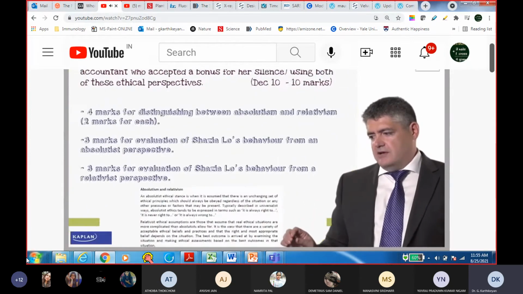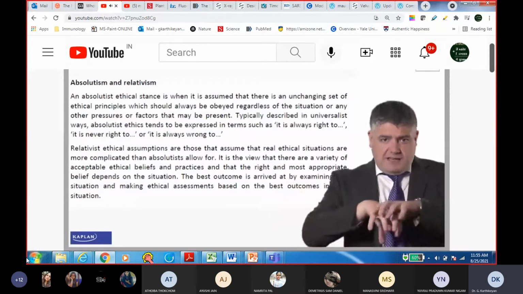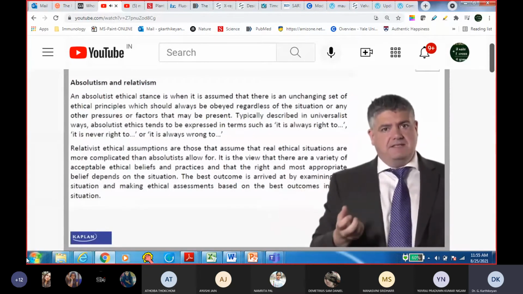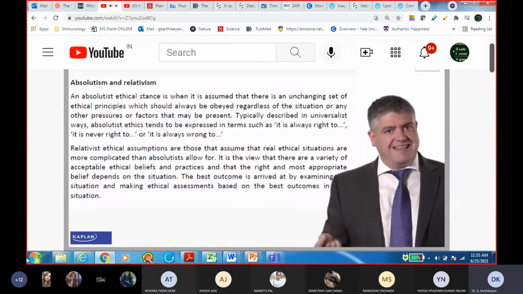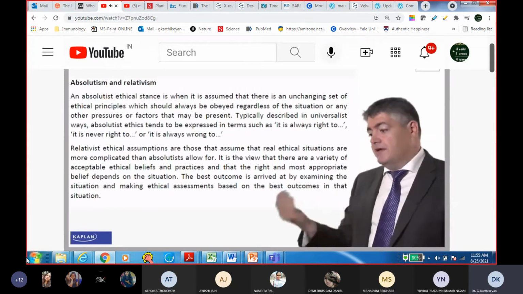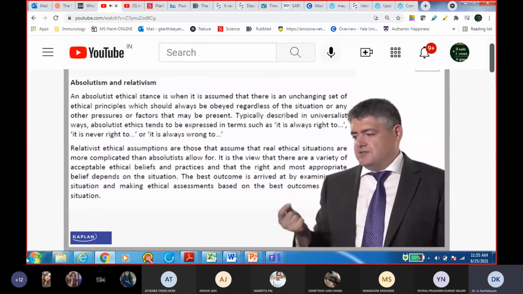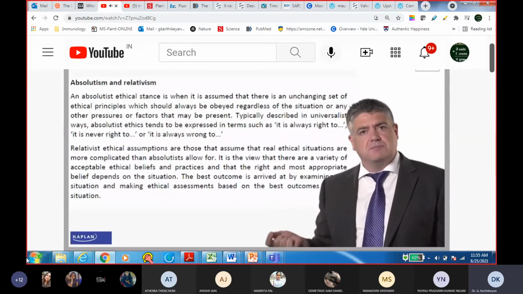Here's a little extract from the answer. Again, I won't go through the whole lot, but I'm very much keen for you to keep it simple. When I look at model answers, sometimes they scare me. Sometimes it's the length, sometimes the terminology used. But you must try and keep it simple. Let's just read through a little bit of it. An absolutist ethical stance is when it's assumed that there is an unchanging set of ethical principles.